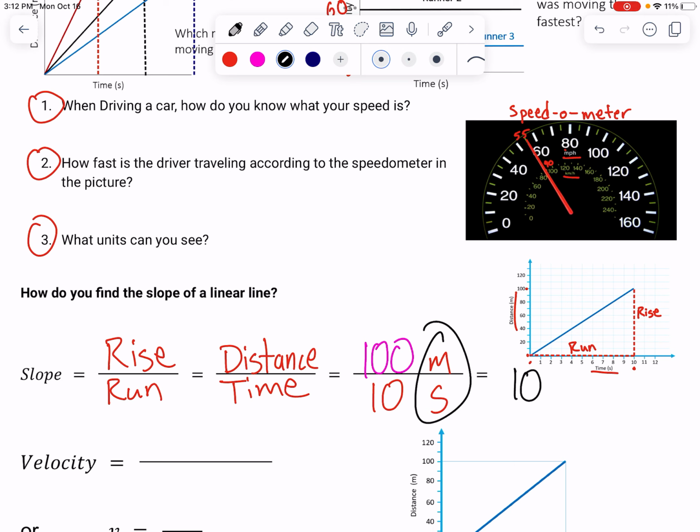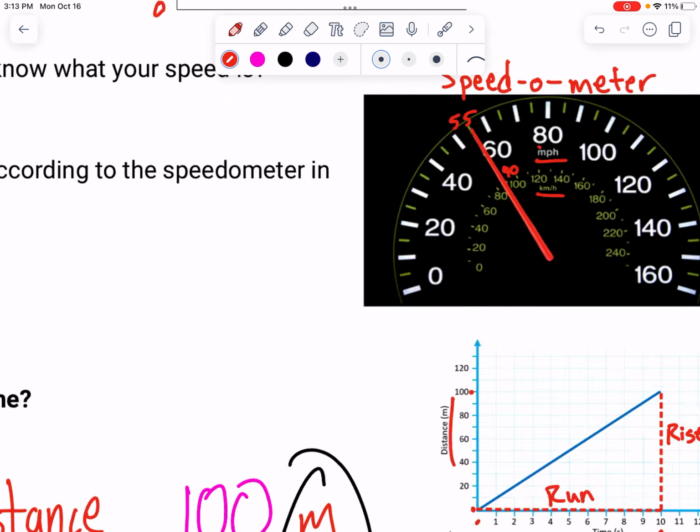In this case, we can't really do anything with meters divided by seconds, so we leave it: meters divided by seconds. Alternatively, we could write this as 10 m/s. Same thing. Alternatively, we could write this as 10 mps, meters per second.